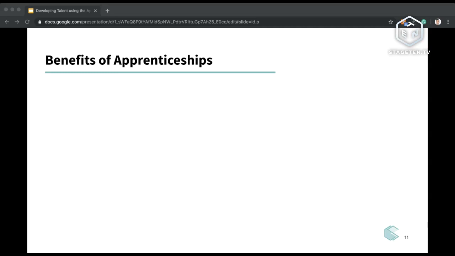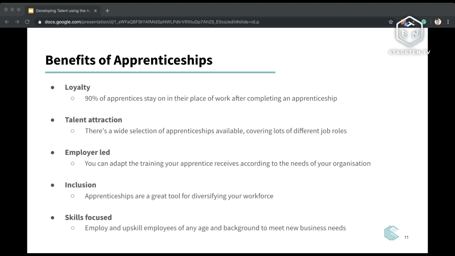So if we think about the benefits of an apprenticeship, I've started to say some of them, but the key benefits that keep coming up from research and surveys and reported anecdotally are loyalty. So 90% of apprentices stay on at their place of work after completing the apprenticeship.